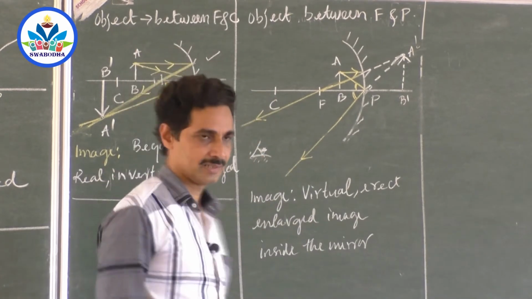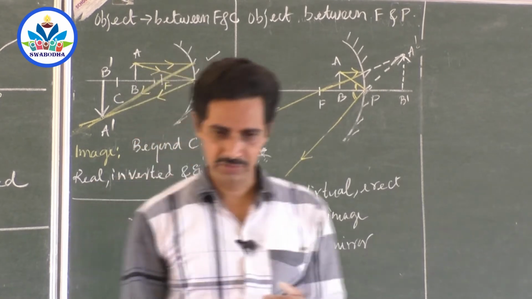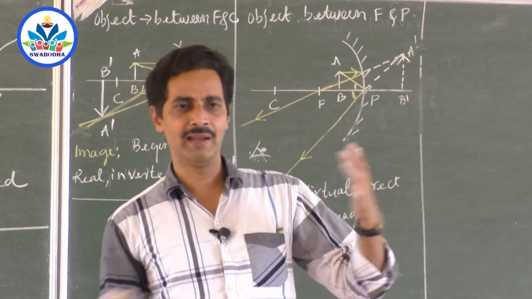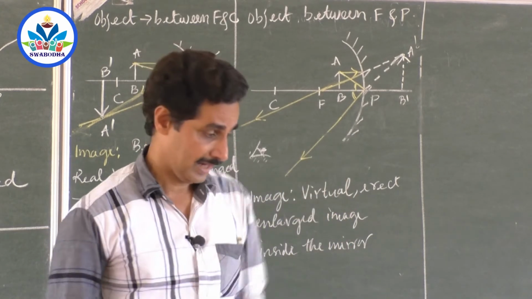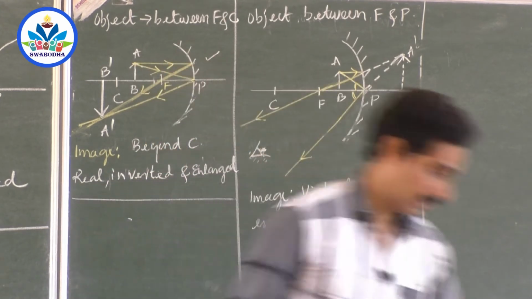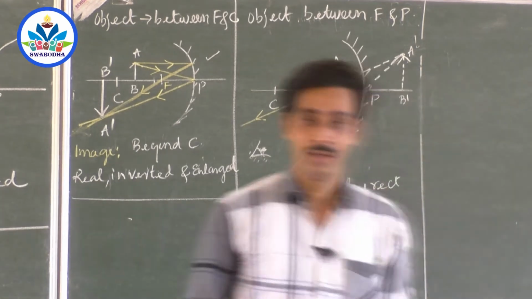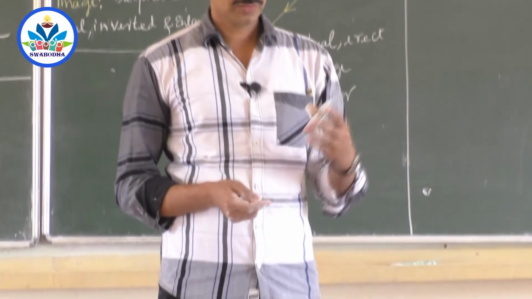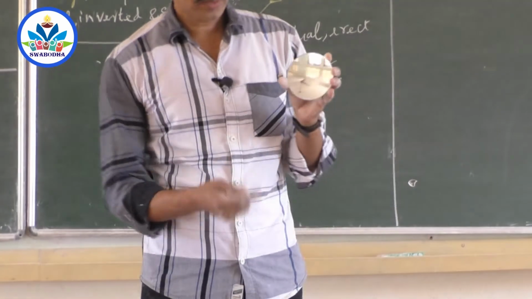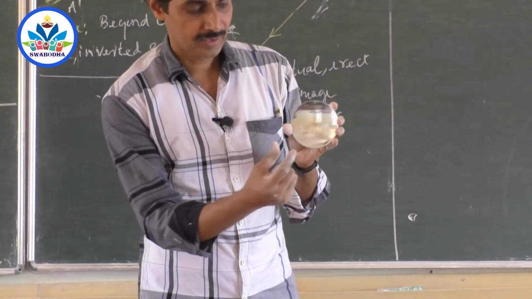This is the speciality. Suppose you want to view the image of an object very enlarged inside something, best choice is concave mirror. That is why concave mirror is usually used by dentists. It is used as a shaving mirror, because if a person wants to shave, he can use a concave mirror.